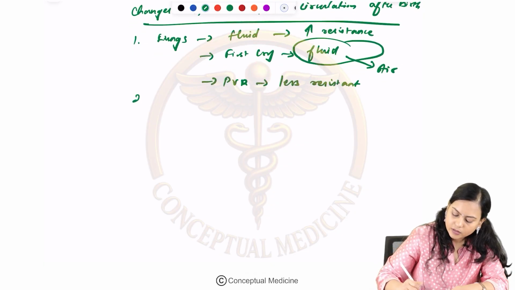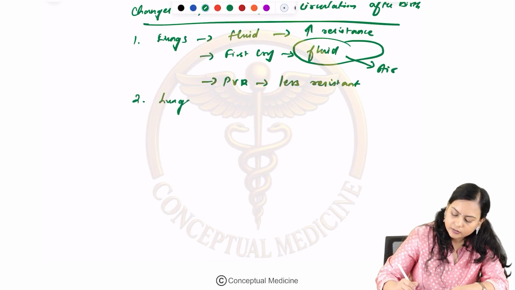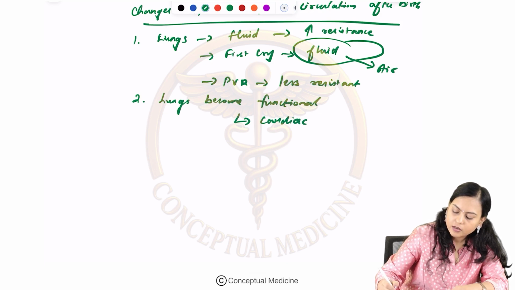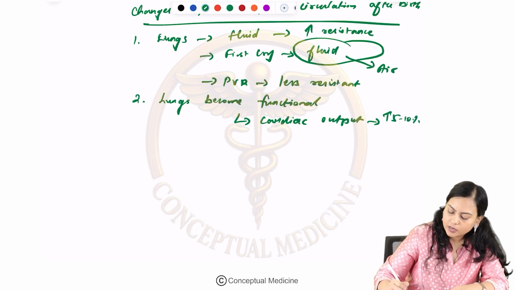And as the lungs become functional, cardiac output increases by 5 to 10%.